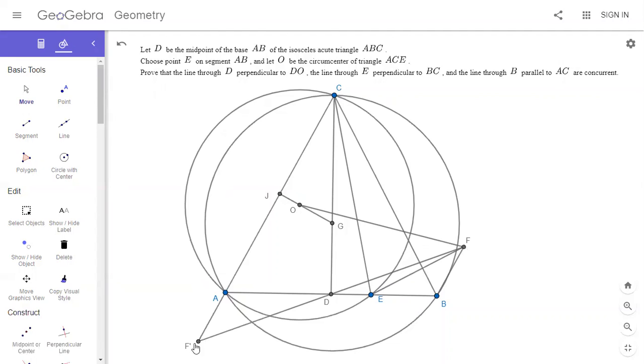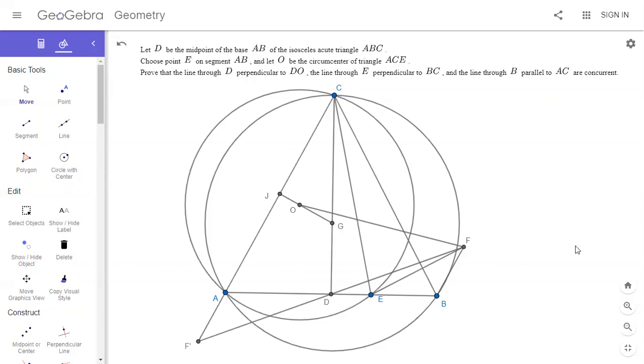And then we were able to show that C, A, and F prime are collinear. So we want to show that OD is perpendicular to FF prime. Since D is the midpoint of FF prime, that would be the same as showing that OF prime F is isosceles.